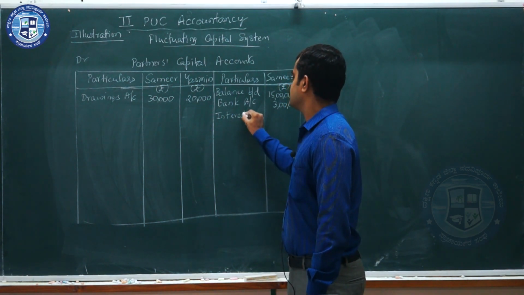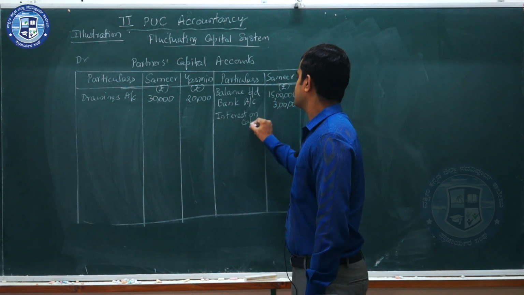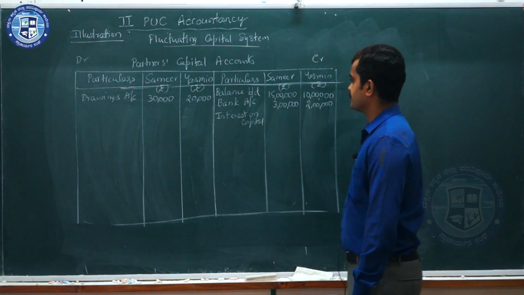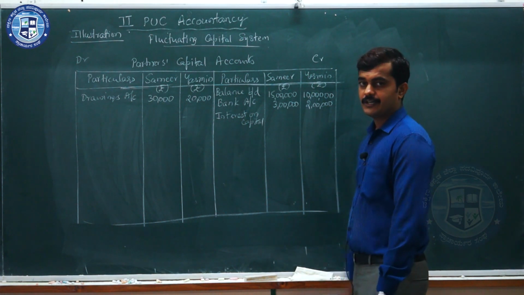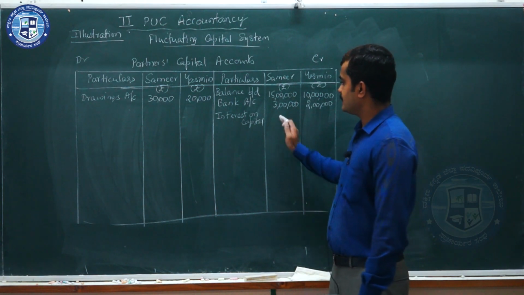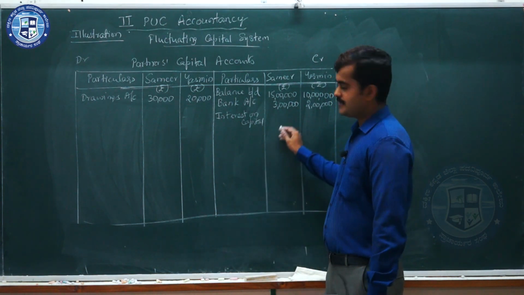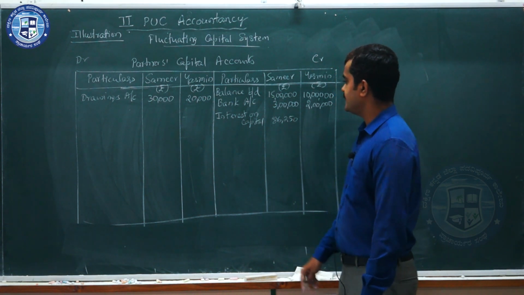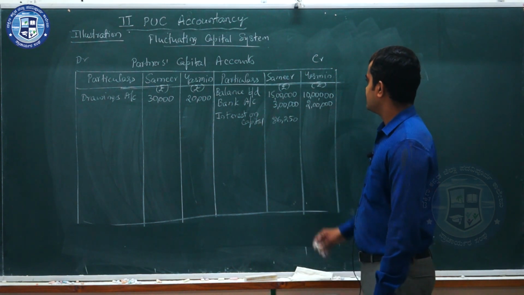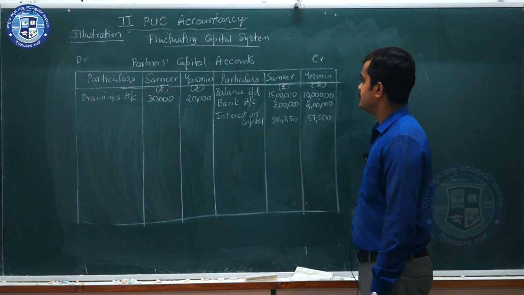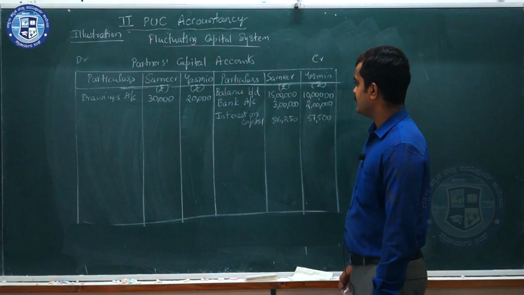Next is interest on capital. We have already calculated interest on capital of Samir and Yasmin. So Samir gets rupees 86,250 as interest on his capital, whereas Yasmin gets 57,500 as interest on his capital.